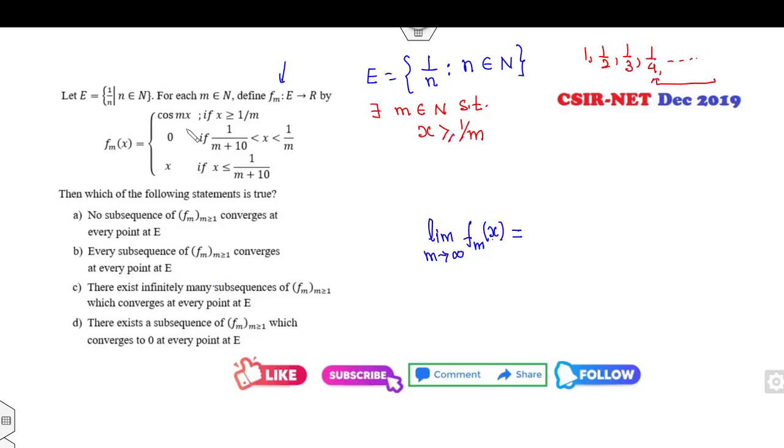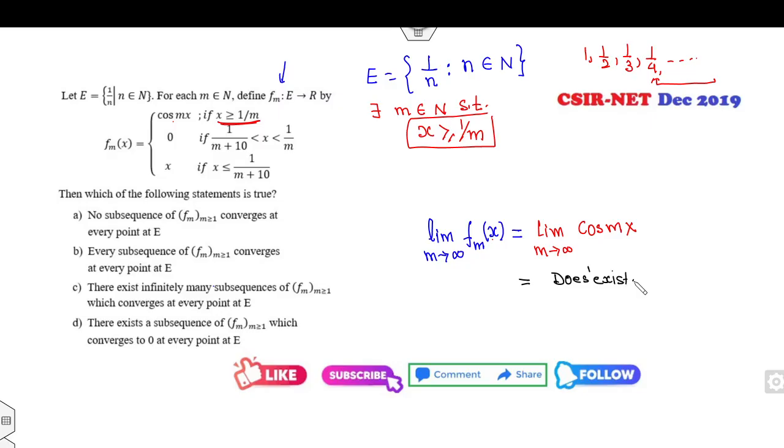So that means fm will be my cos mx, because whenever x is greater than or equal to 1 over m, this is my case, so it will be cos mx. Clearly, can you find the limit of this? The limit does not exist.